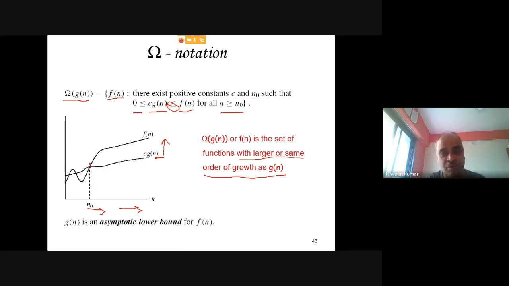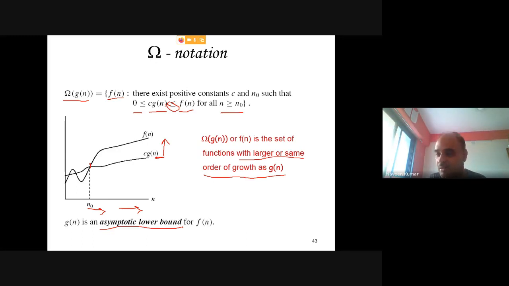It is asymptotic, meaning it is a limiting function. It limits from the lower side, and you can say it is an asymptotic lower bound, or an asymptotic tight lower bound. Big O was an asymptotic tight upper bound because of that equal to sign, and here it is an asymptotic tight lower bound.